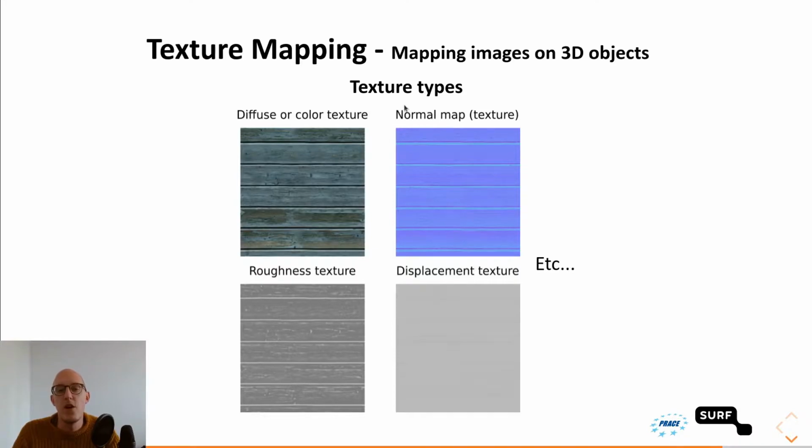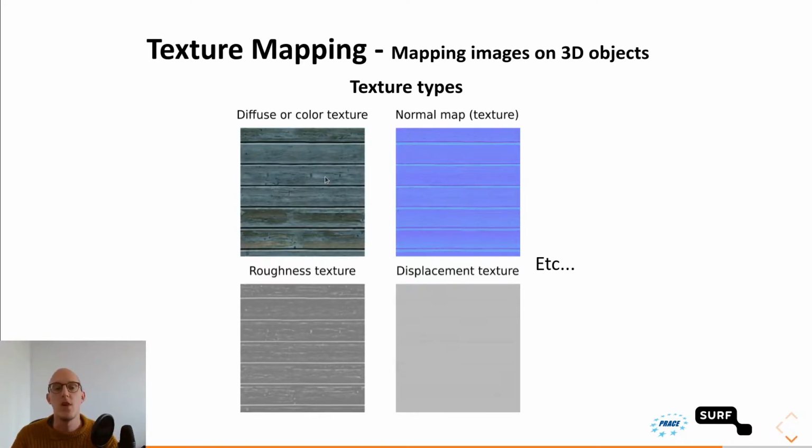And then you have the normal map texture, which is a vector image, and each pixel has a vector showing in which direction the light should bounce off the 3D object, which you can put into the normal input of your shader. And then you have the roughness texture, which basically determines how rough an object is at a certain place of that texture coordinate.